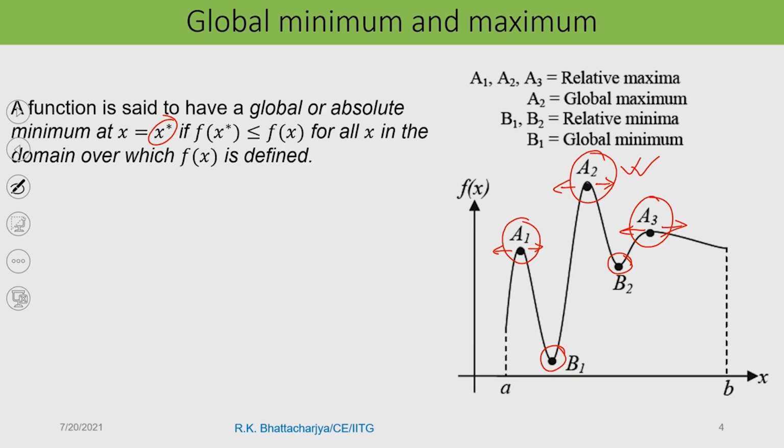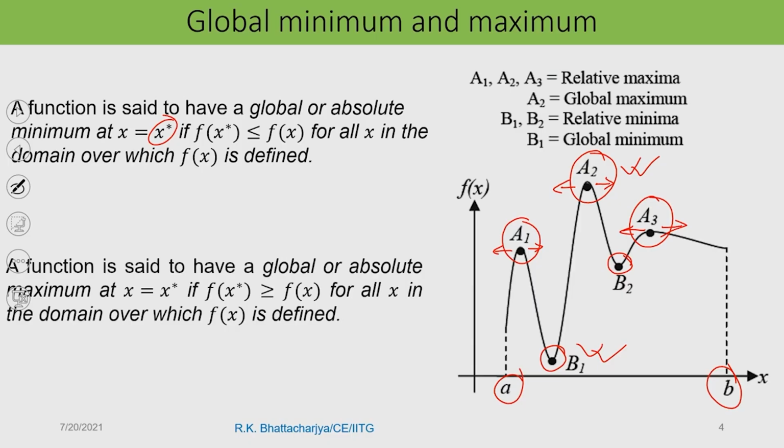Here f of x is defined between a and b, and within that domain a2 is the best solution, the global maximum solution. In case of minimum, b1 and b2 are minimum points here, and b1 is the best solution, so b1 is the global minimum.